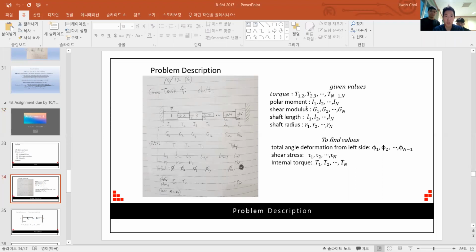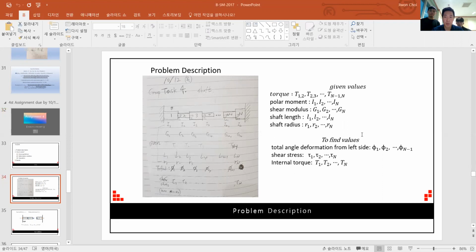Shear moduli are G1 to Gn, shaft lengths L1 to Ln, and finally, shaft radii will be R1 to Rn.